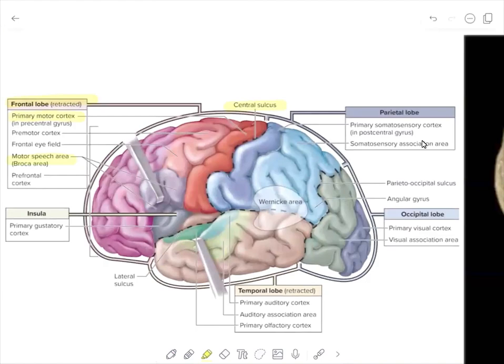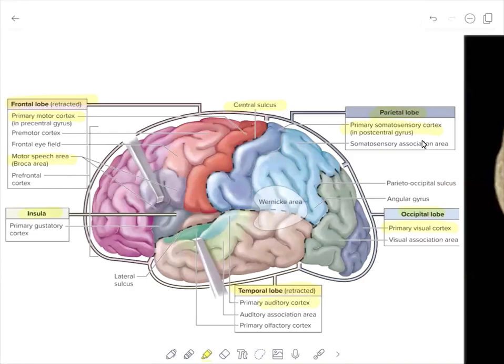The parietal lobe is posterior to the central sulcus. It's where we have what's called the primary somatosensory cortex. The occipital lobe is for vision. The temporal lobe is for hearing, where the auditory cortex is.